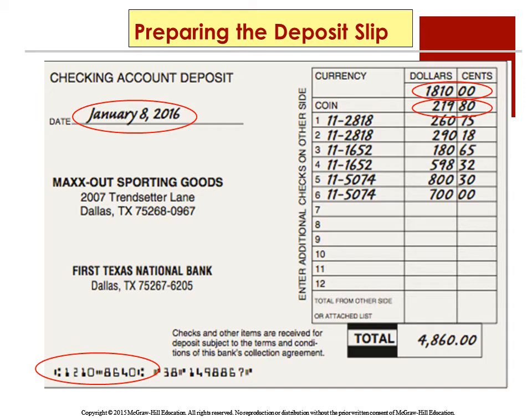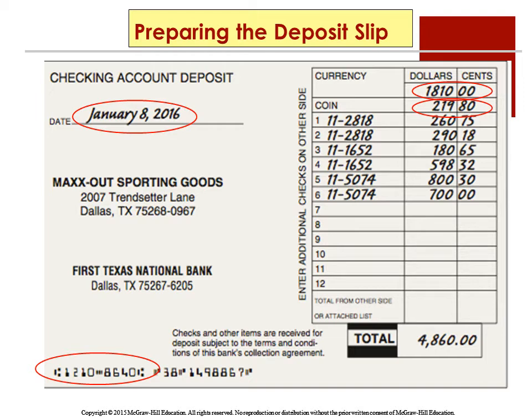So if we have 5 or 6 different checks that are being deposited all in one go, when you're in QuickBooks, you will select all 6 checks and make one deposit so that your bank matches QuickBooks. Your bank deposit should equal $4,860, and in your books, you're going to group all of these cash receipts together, whether it's physical cash or checks, and make one deposit as well.